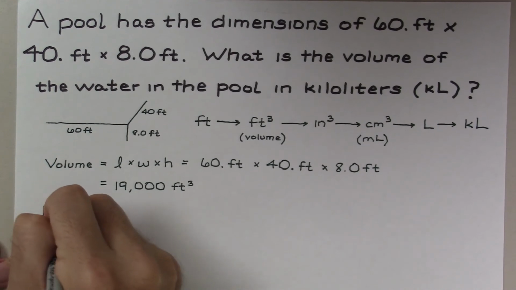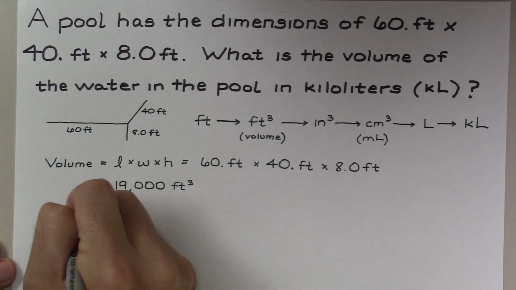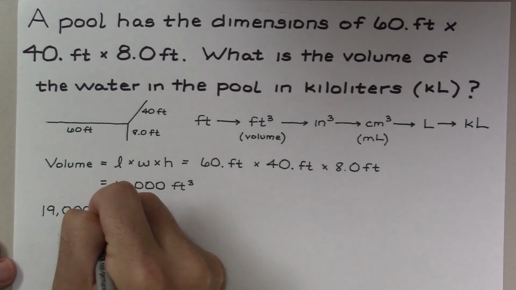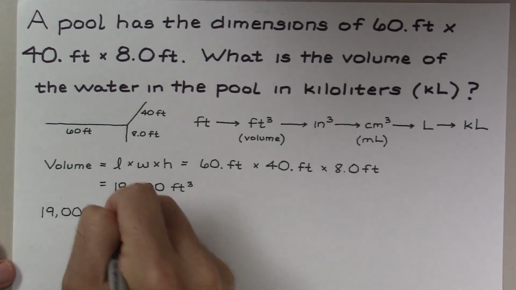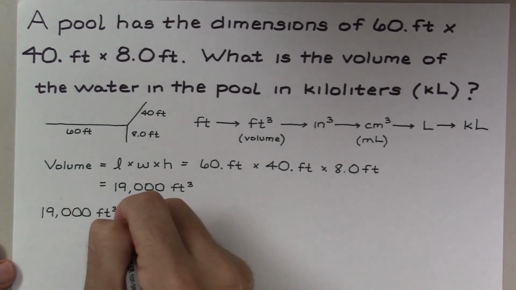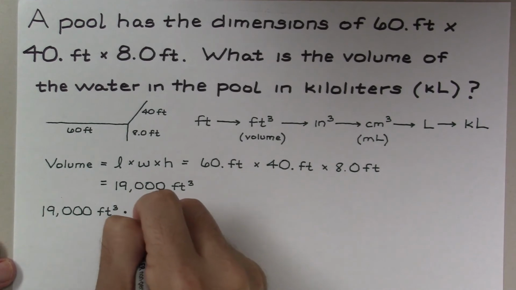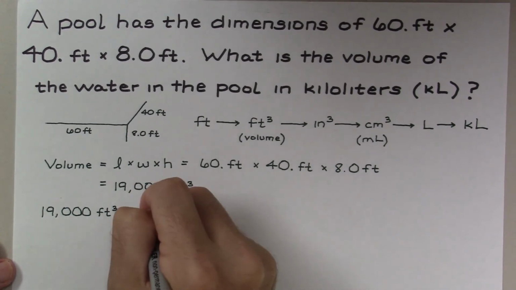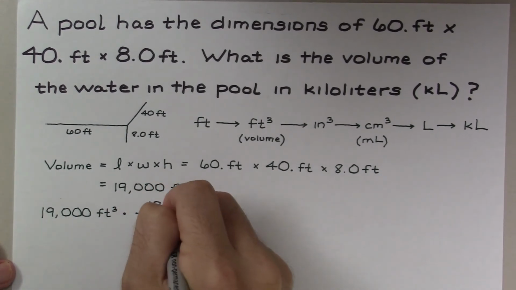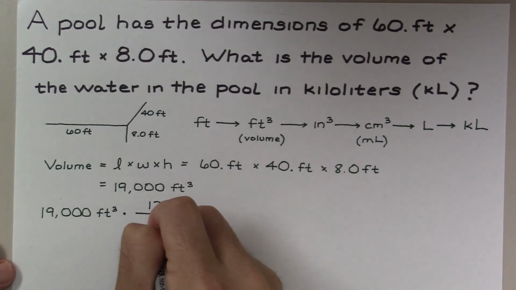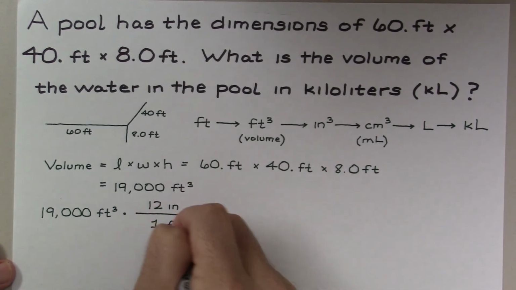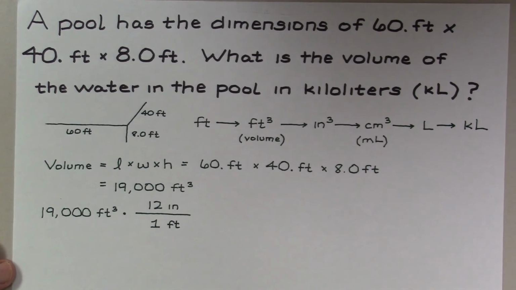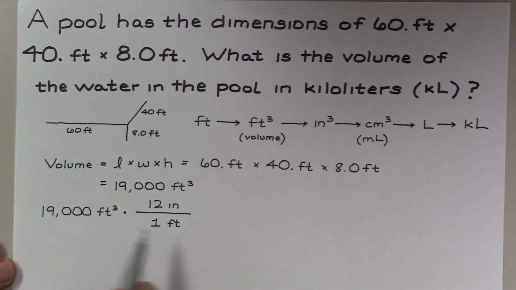We have our 19,000 feet cubed, but we must now go to inches cubed. Well, the easiest way to do that is start off with our one-dimensional unit conversion. That is 12 inches in 1 foot. But notice that the foot and feet cubed do not match up.